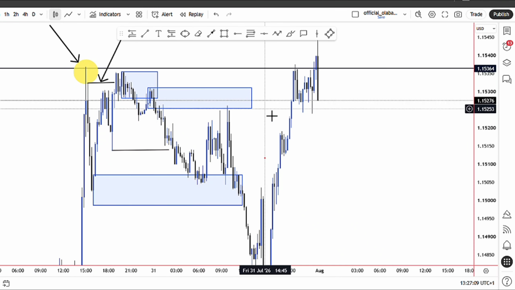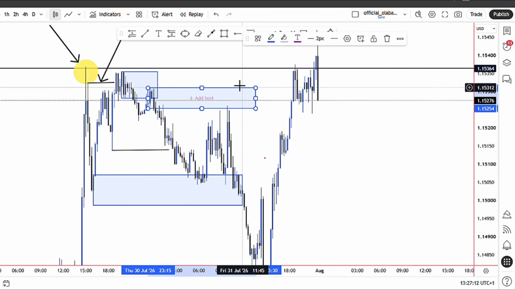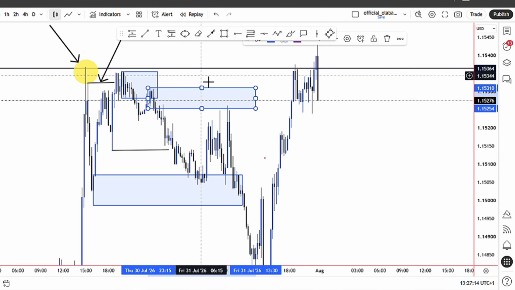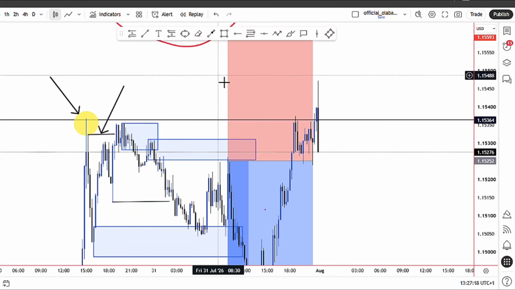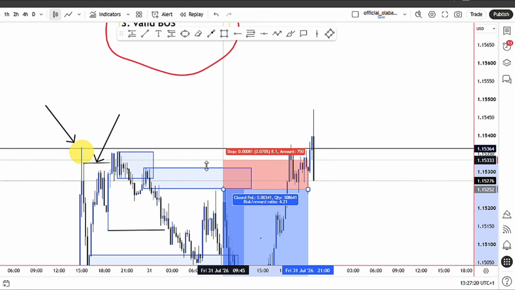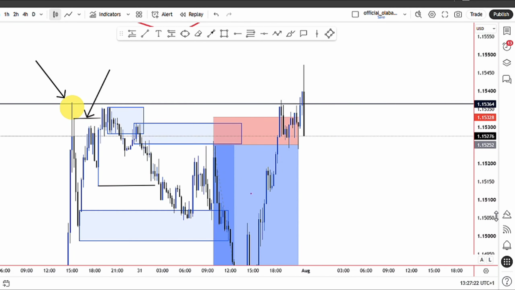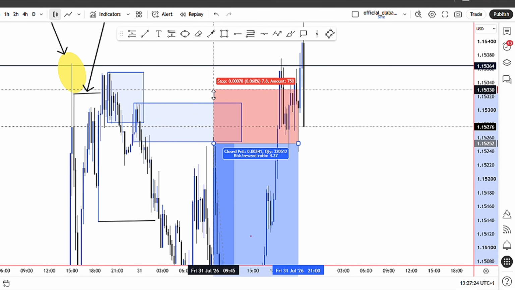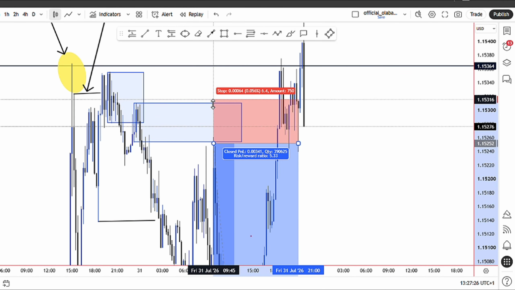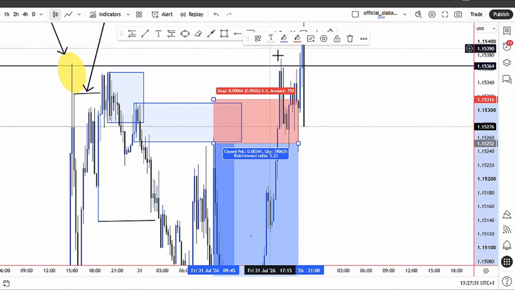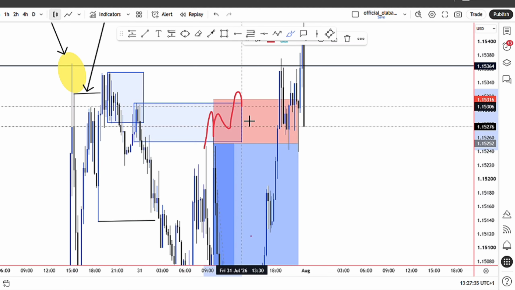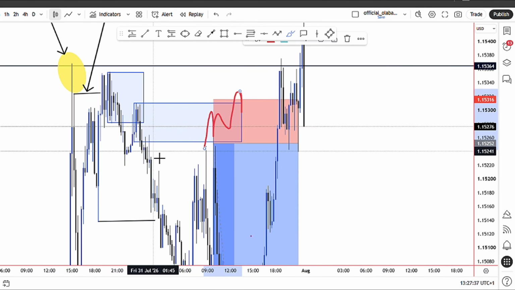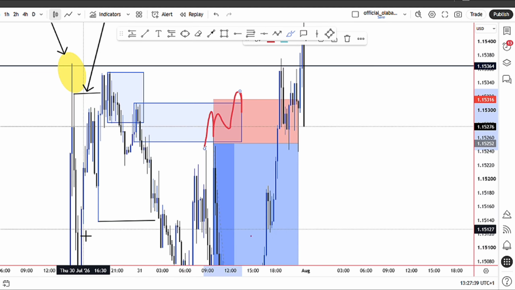After spotting our valid supply, which is this one, you are free to put your stop loss right above this place. But even knowing fully that price has nothing to come back up here to do, we have swept the liquidity, we have broken structure already.